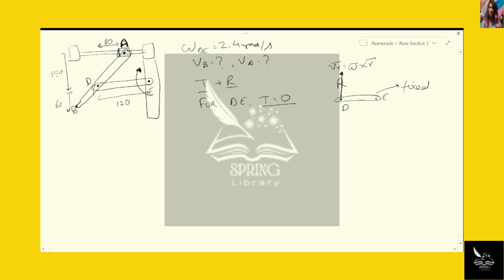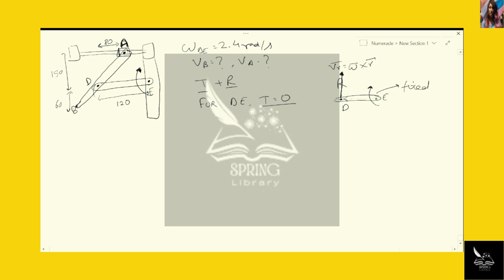And I keep repeating in all the lectures that if your omega is clockwise, that means the direction of omega is along minus k, going into the plane of the page. The radius vector is along E to D, and if you take the cross product of these two vectors, you will get the direction of radial velocity like this.